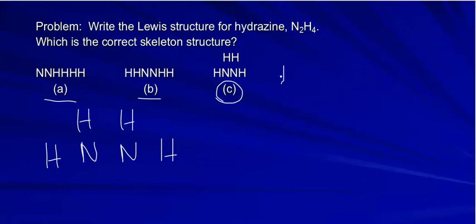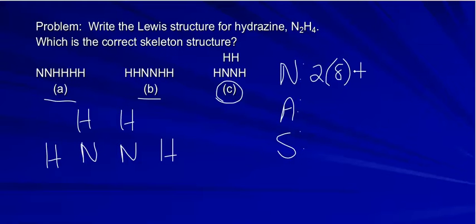If we do the equation N minus A equals S, N is the number needed. Well, I have 2 nitrogen. Each nitrogen needs 8. And I have 4 hydrogen. Hydrogen only needs 2. So the total number needed is 24.